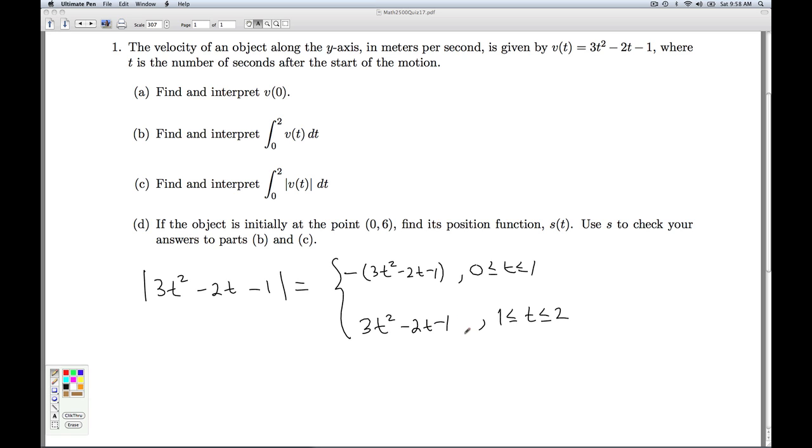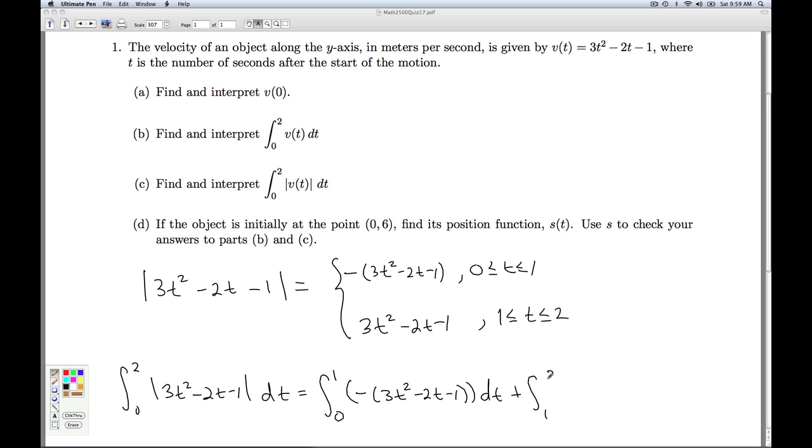Okay? So my integral then, from 0 to 2, of the absolute value of 3t squared minus 2t minus 1 dt is the integral from 0 to 1 of the opposite of this guy, dt, plus the integral from 1 to 2 of this guy.